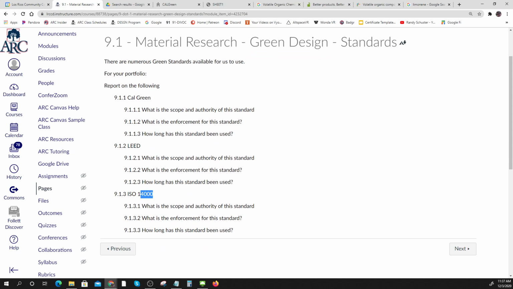There's one other standard, ISO 14000, which is an environmental design standard. Cal Green is a focused subset of what you would find in here. ISO is the International Standards Organization, and 14000 encompasses many other ones, but it's a management standard. How does your organization manage environmental issues?